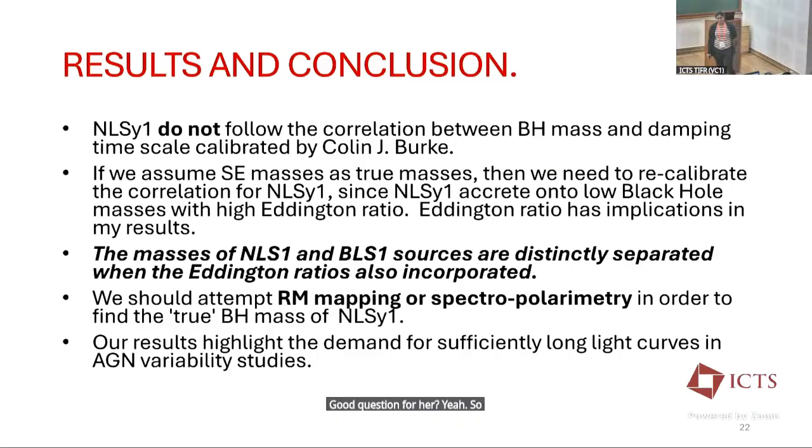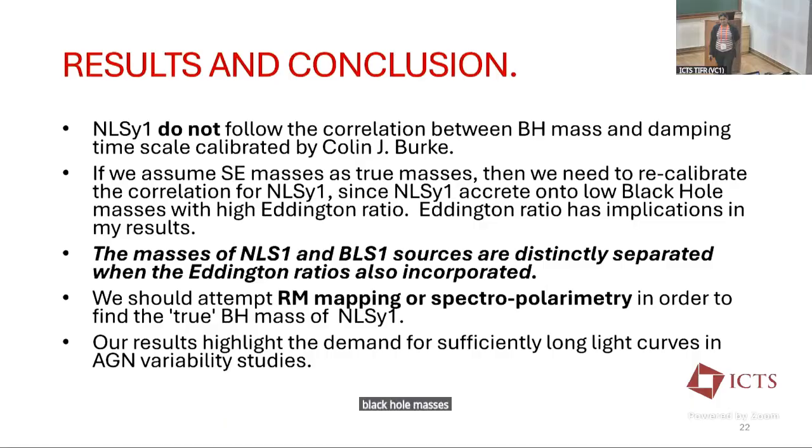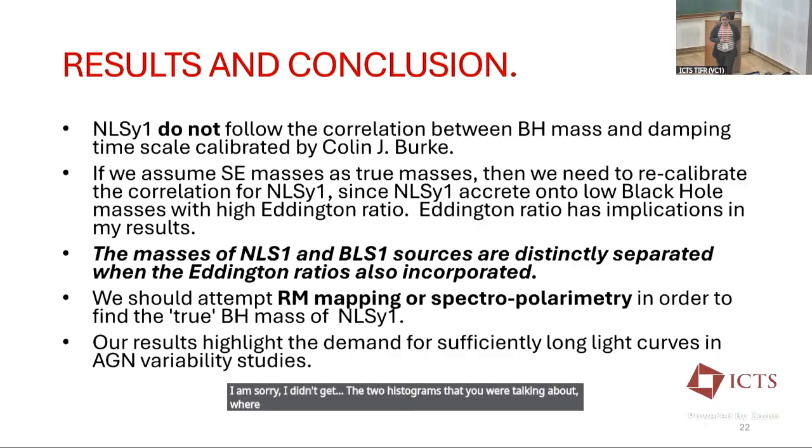Did you do any statistical test to see whether these two histograms actually are from different samples, to quantify what you were saying, that the black hole masses have a different peak? I am sorry, I didn't get that. The two histograms you were talking about, where you were trying to see whether the peaks are at different values or the same values.